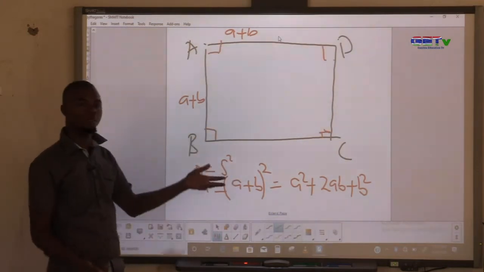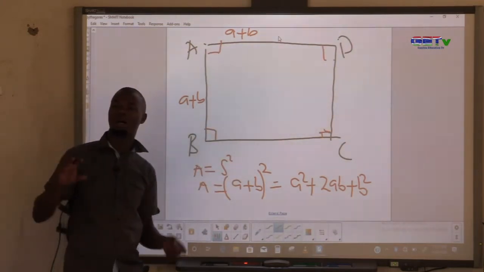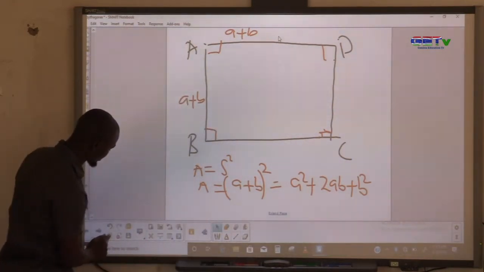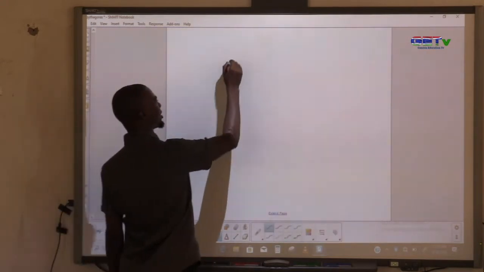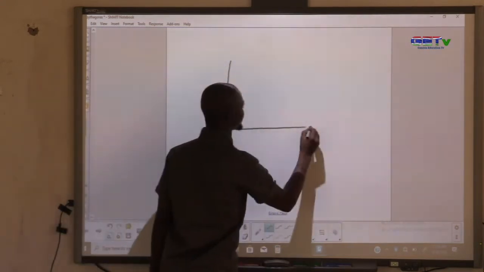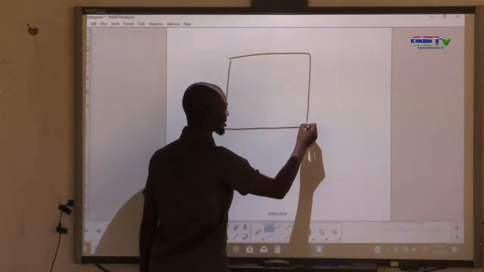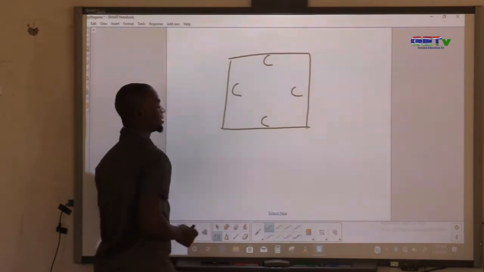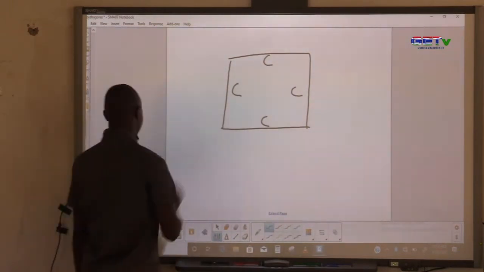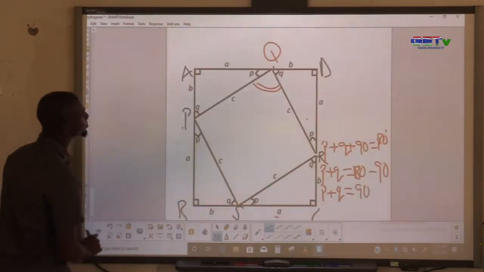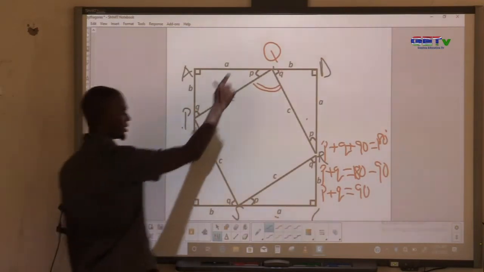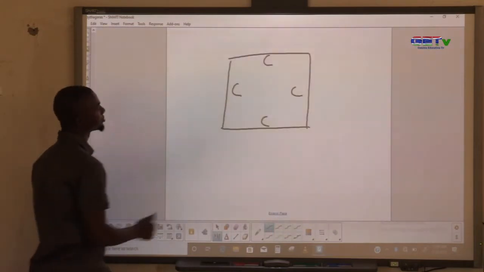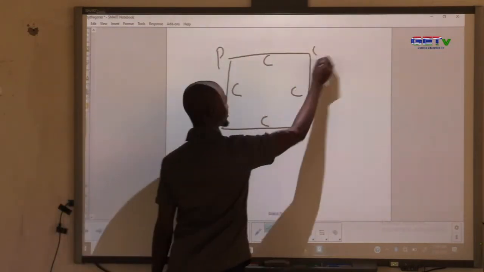Now this big square is also drawn in another way. If I get you the next, you can have inside a tilted square, and the sides are C, C, C, and C. You have them as P, Q, R, and S, so we label that one also.